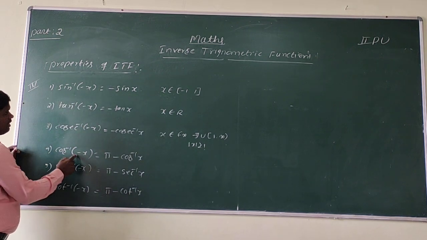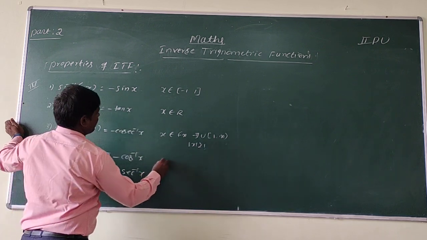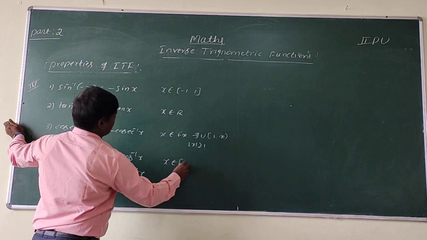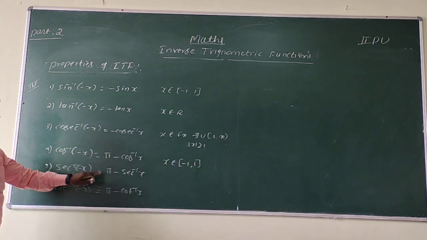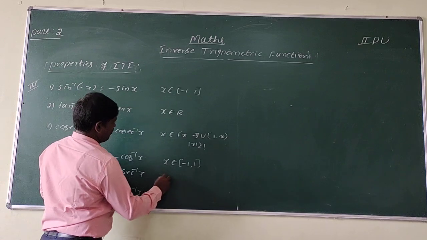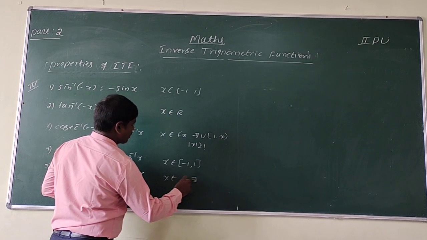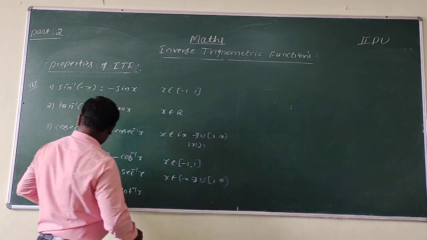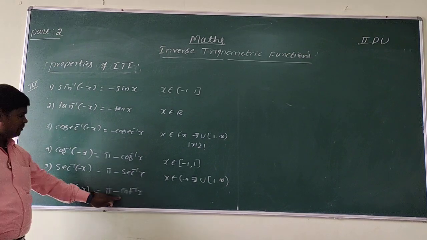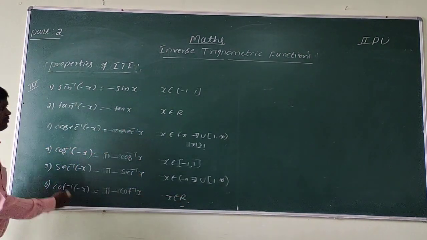Cos inverse of minus x is equal to pi minus cos inverse of x if the value of x lies between minus 1 to 1. Secant inverse of minus x is equal to pi minus secant inverse of x if x lies between minus infinity to minus 1, union 1 to infinity. Cot inverse of minus x is equal to pi minus cot inverse of x, and it is for all real numbers. Okay, ready?